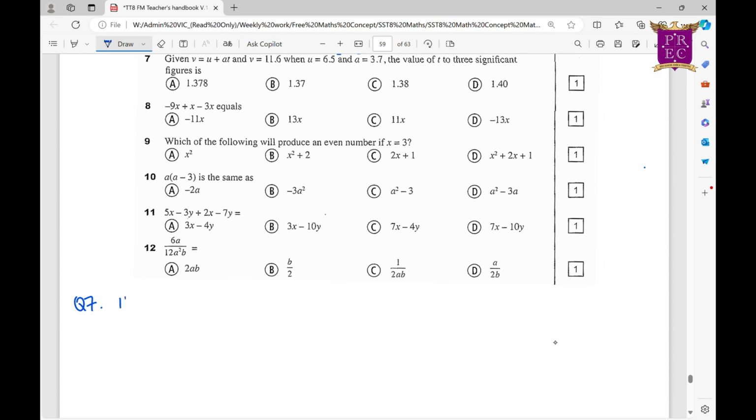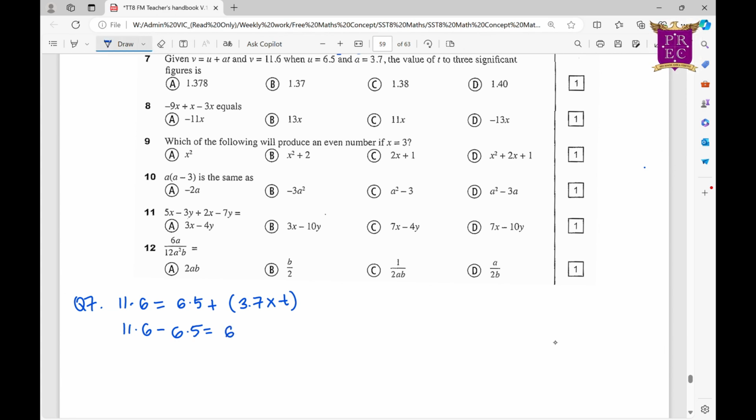So V is 11.6 equals 6.5 plus 3.7 times an unknown number, which is T. So first, we can do 11.6 minus 6.5 because we want to get rid of the 6.5.